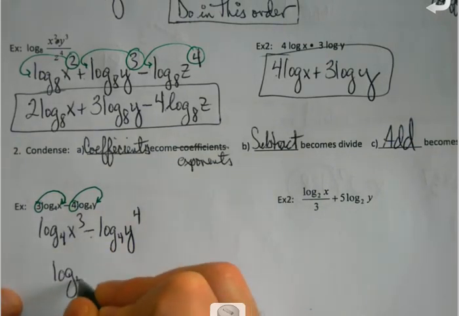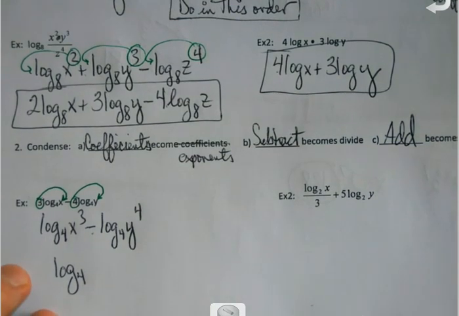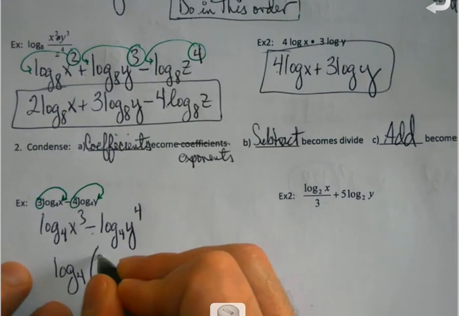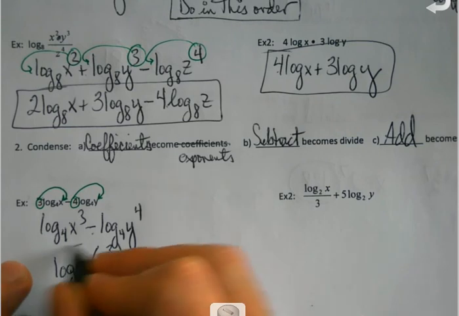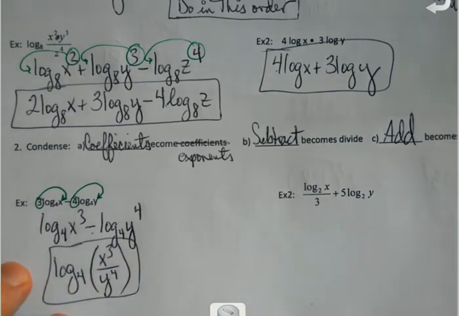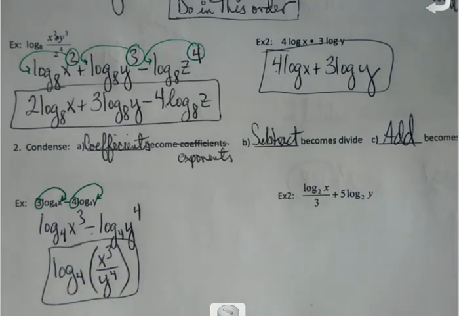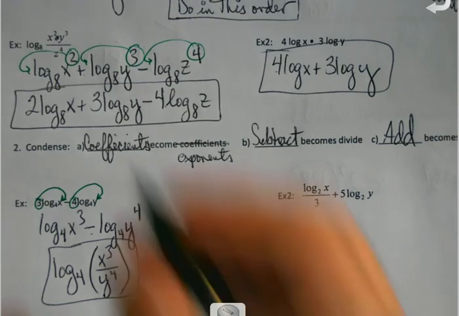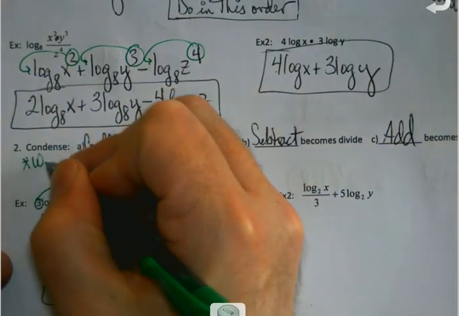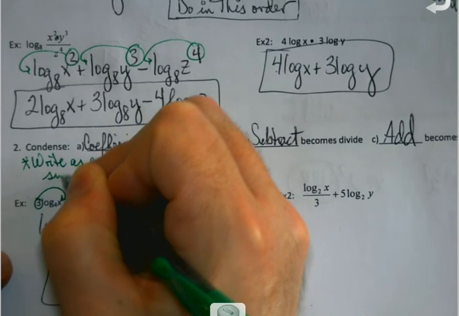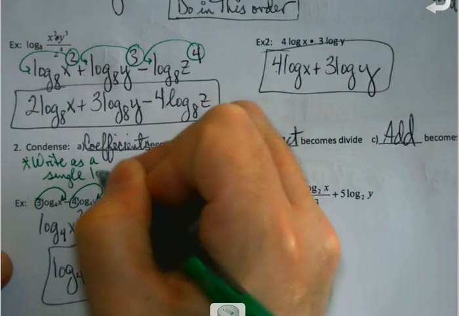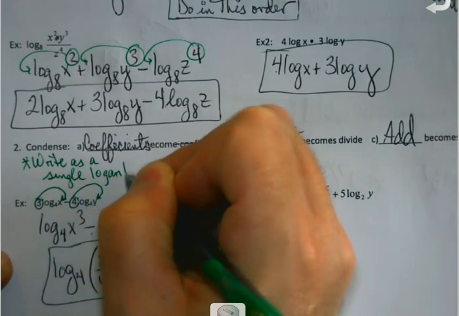Now here's one other thing that's a little bit different than that first part was. And I'm going to write this up above as soon as we get this jotted down. A lot of times when you condense, it may be written in a different way. It might say write as a single logarithm.